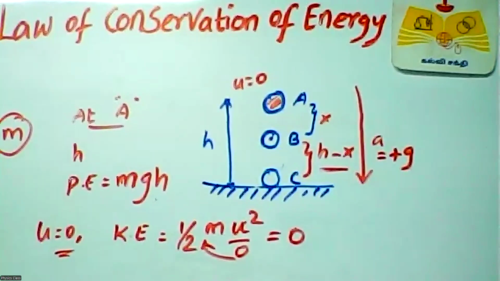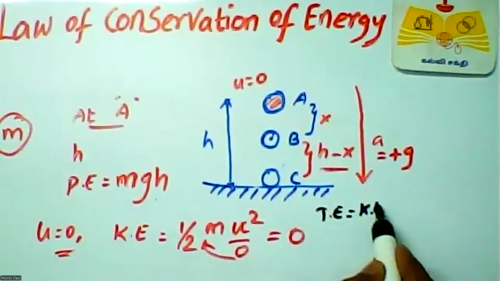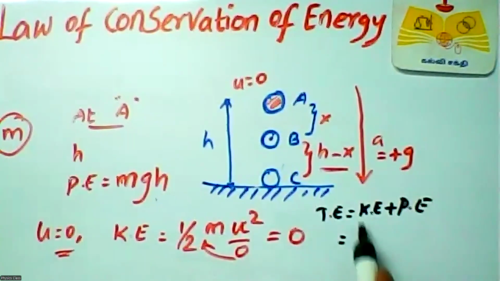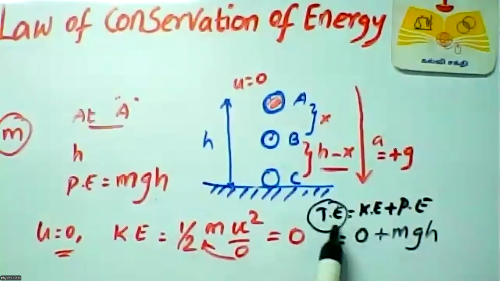There is no kinetic energy. So total energy equals kinetic energy plus potential energy. But at position A, there is no kinetic energy, so I can put 0 and the potential energy mgh. Is it clear? So this is the total energy at position A.